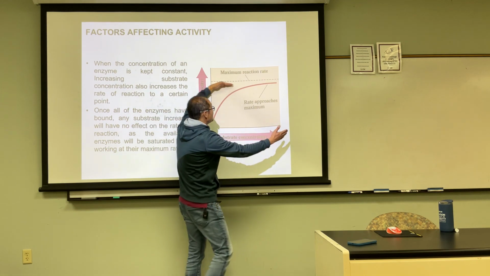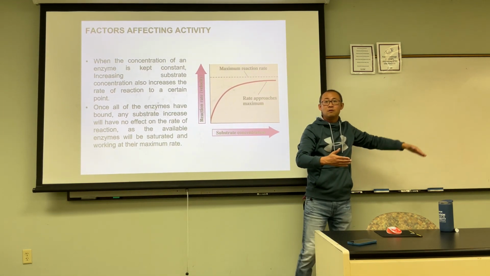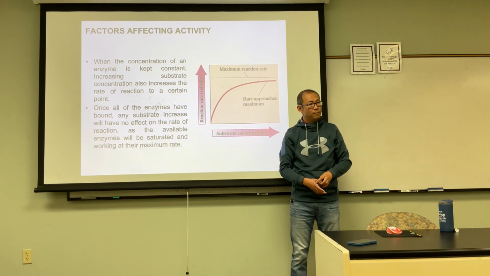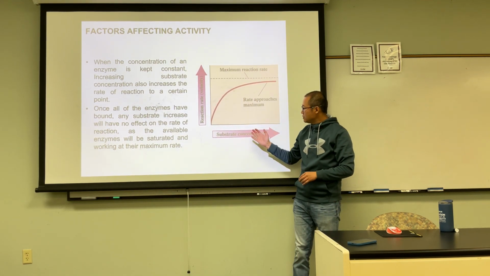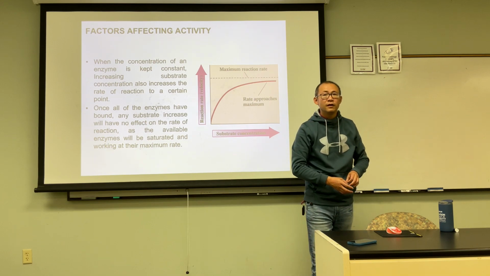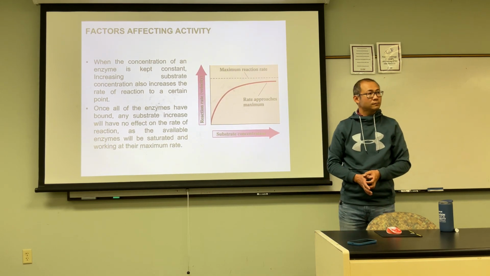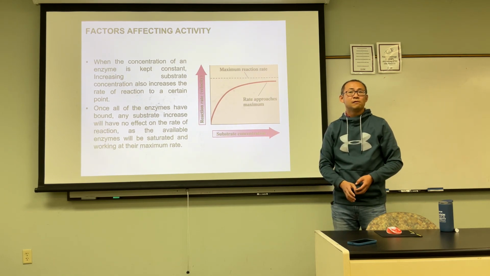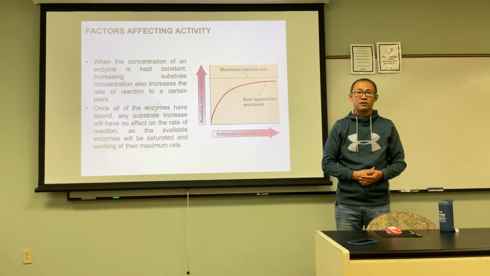If you keep increasing, it will just remain flat, because you have no more enzymes available. This is substrate concentration as a factor, and we're gonna make this chart too. One group will make this chart too.